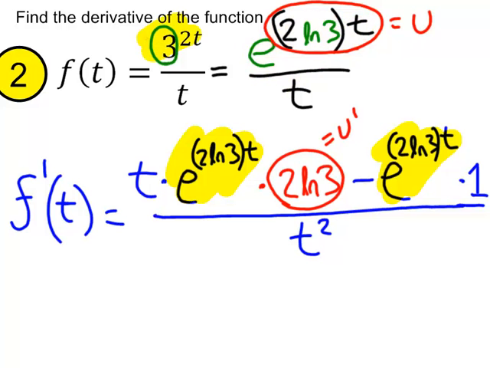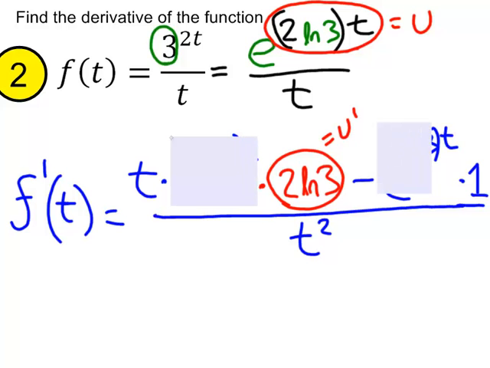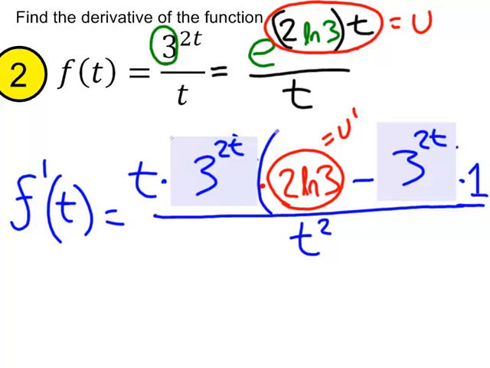We could have used this instead. So if you want, this is completely up to you. If you're comfortable with it, at the time of doing the quotient rule, instead of writing that base e version of the top function, you may go ahead and just write the original 3 to the 2t power. Just make sure that you get that u prime in there correctly. You'll recall in the last exercise that in the end we converted it back to the original base anyway.